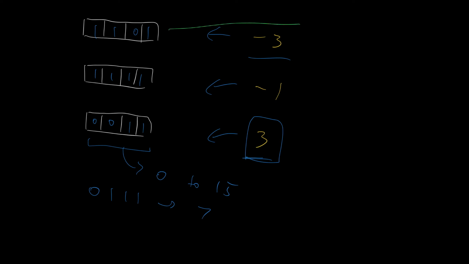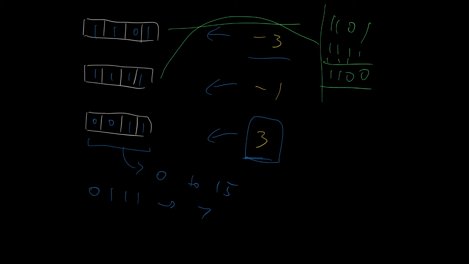So if we take this number, 1101, and this number, 1111, and we add them together normally, 1 plus 1 is 0 carry 1, 1 plus 1 plus 0 is 0 carry 1, 1 plus 1 plus 1 is 1 carry 1, 1 plus 1 plus 1 is 1 carry 1, and because we only have 4 bits, then anything over here just gets chopped off, and so our answer is 1100. And as we'll see presently, in 2's complement, 1100 actually represents -4, so we've obtained the correct answer.